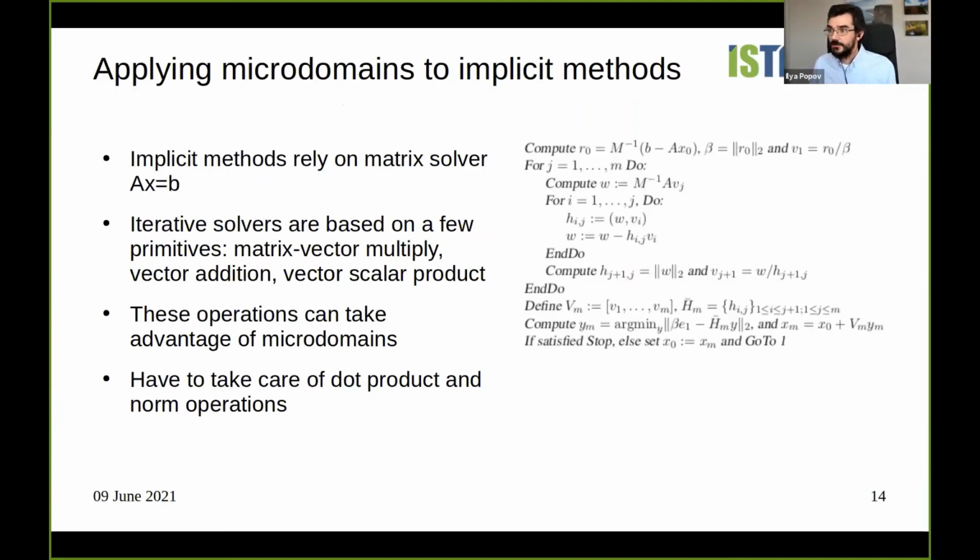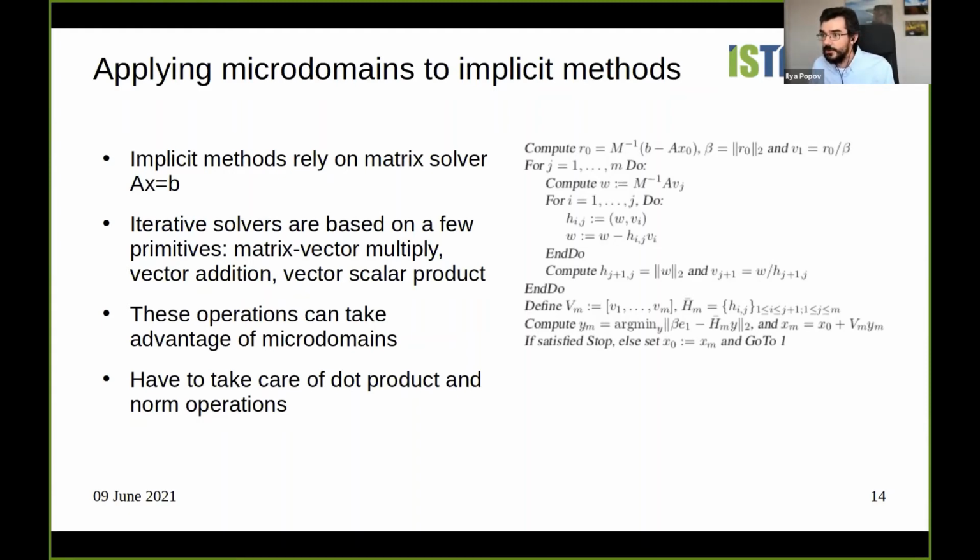Implicit methods solve a matrix equation, something like Ax = b, and they do it with iterative solvers. And iterative solvers are based on a number of primitives, mostly matrix-vector multiplication and some vector operations.